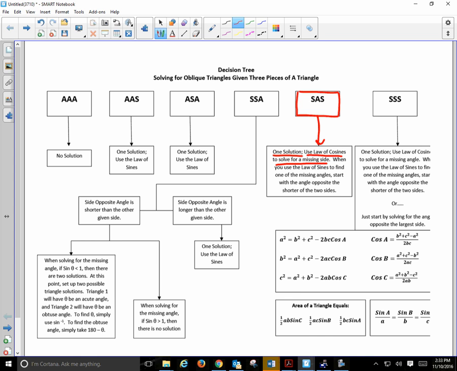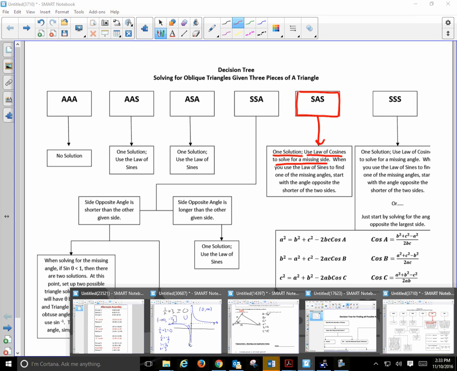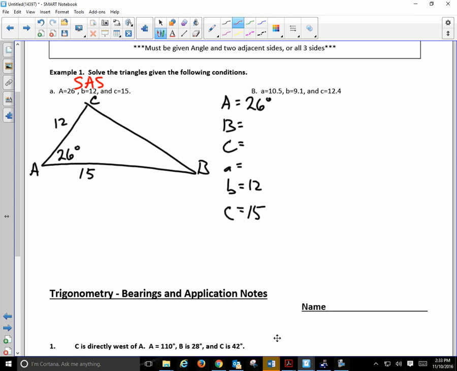So we'll set it up. Tell me, do you think it would be best for us to try to find side A, side B, or side C? What am I trying to find? A is the only one I don't know. And once I find A, I'll have an angle on its opposite side, and then I can use the law of sines. So I'm going to choose this formula. A squared is equal to what?